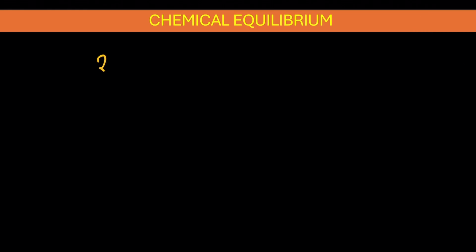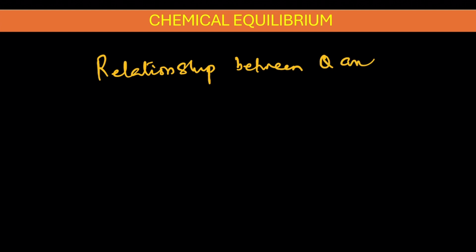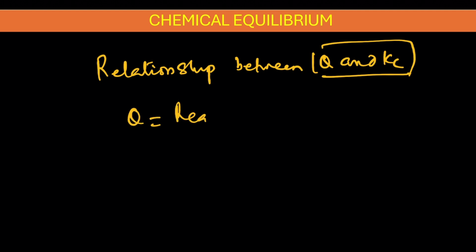So what are the important concepts that you need to remember here? The important concept that you need to remember here is the relationship between Q and Kc, where Q refers to the reaction quotient, which implies the concentrations are applicable at any given instant of time.